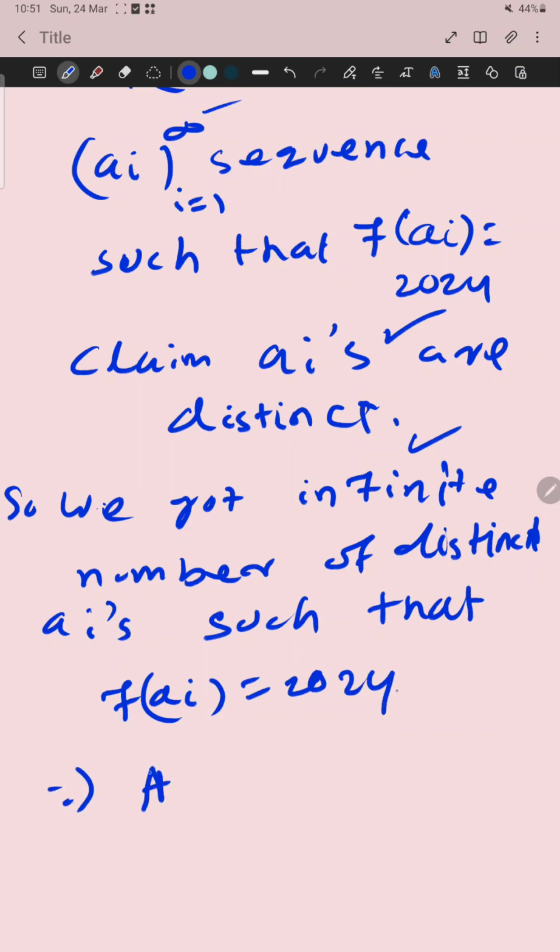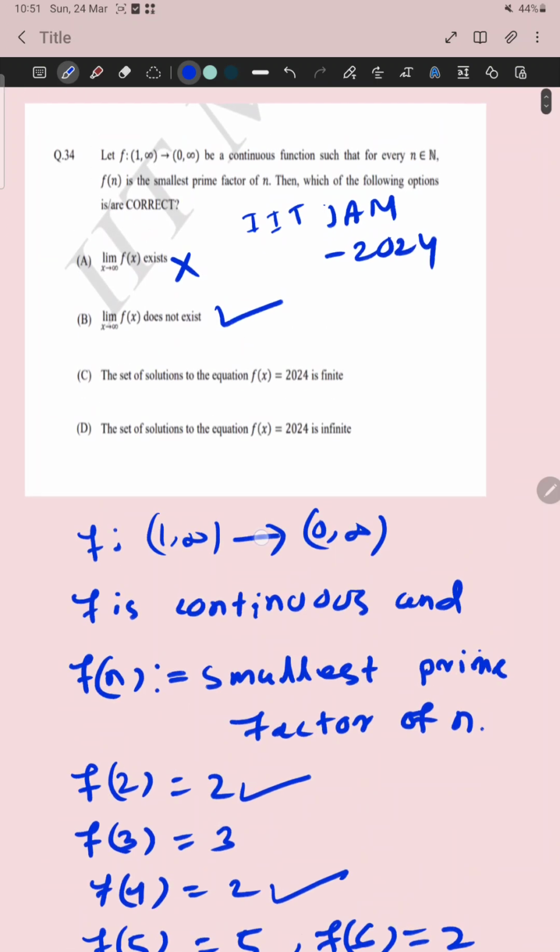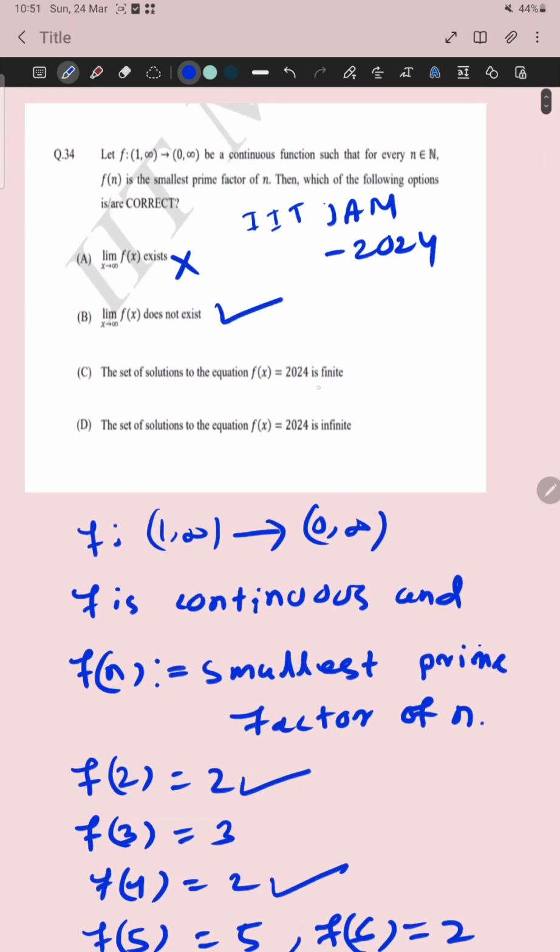This implies the cardinality of A is infinite. Option C says the number of solutions of this equation is finite, so it is false, and option D says infinite, so it is true. So options B and D are true. I hope that you all understood it very well. Thank you all.